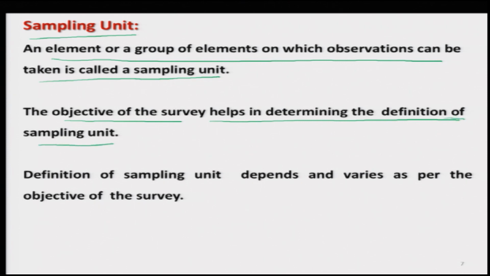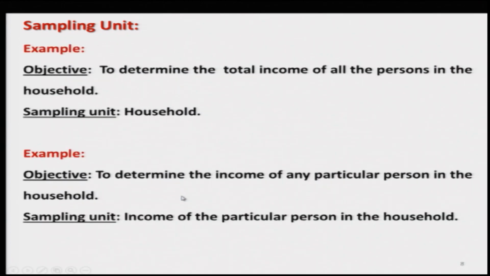Means if you try to define the sampling unit in a different way, possibly that may give you some other information which is not included in the objective of the survey. And the definition of a sampling unit depends and varies as per the objective of the survey, right. So, now let me take some examples and try to explain how this works.